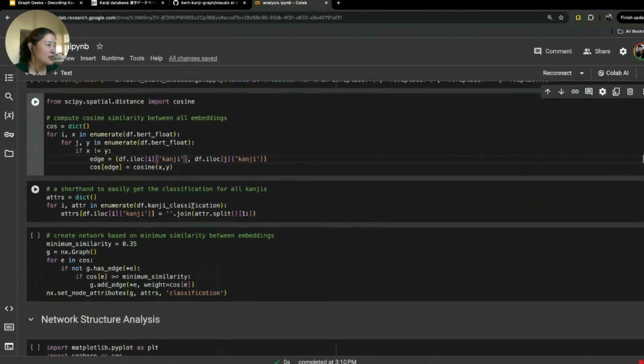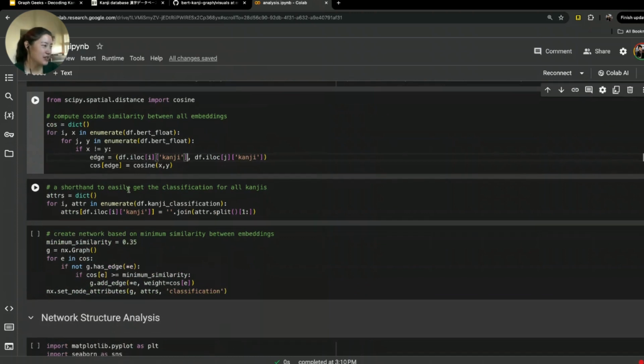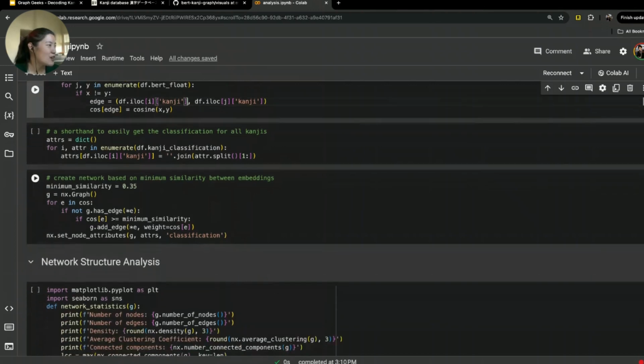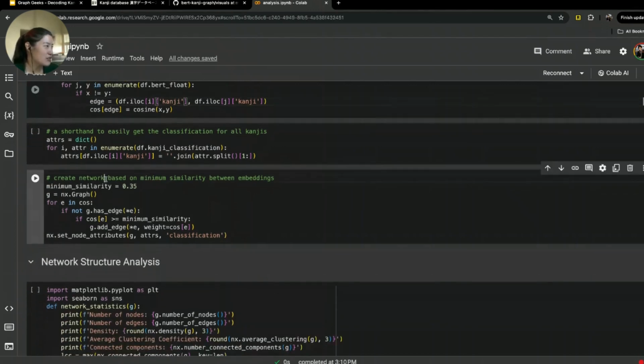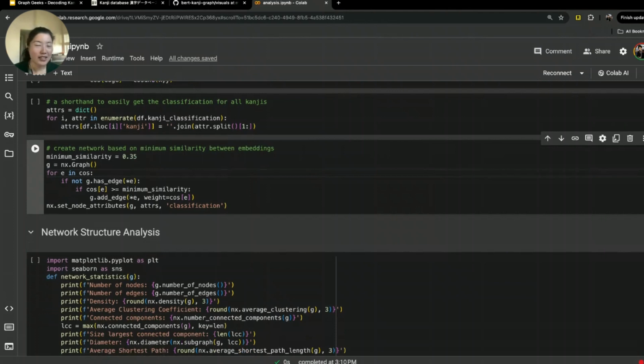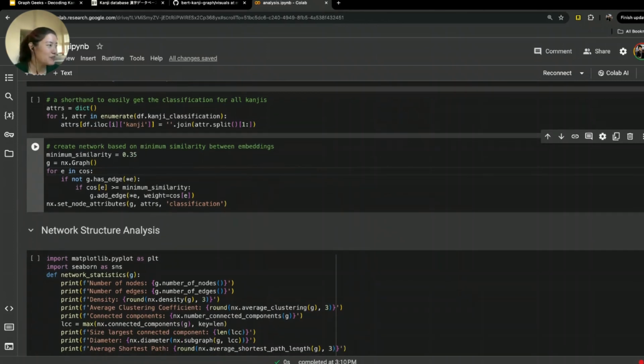This is just a filler function to make things easier on me later. Then I structure the network based off a minimum similarity between embeddings. If something really has zero similarity, you don't necessarily want to capture it in your graph, because I want visually the most important information, not necessarily all information.